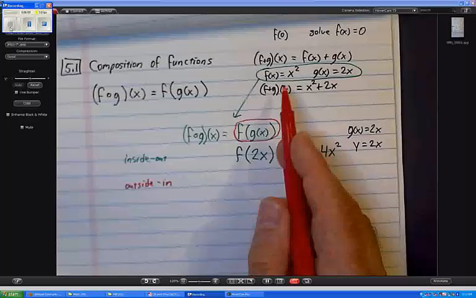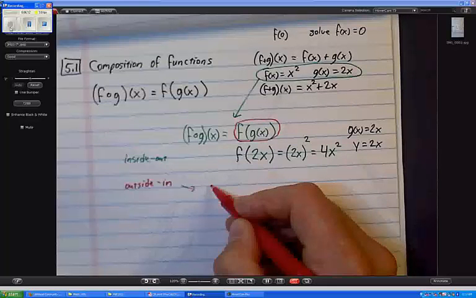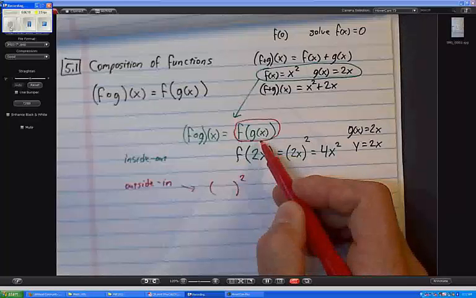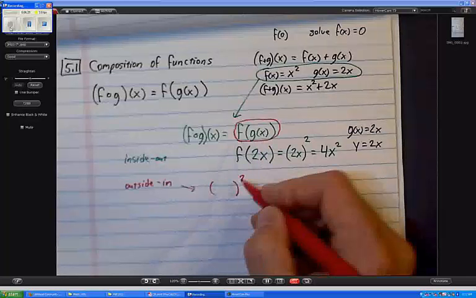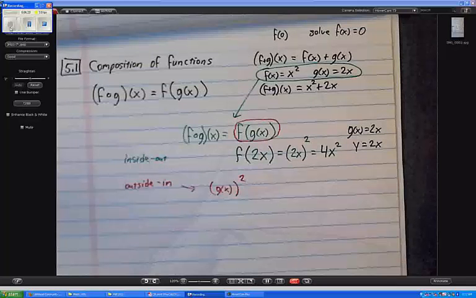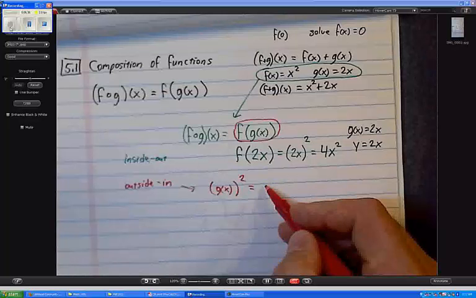So what I'm doing is I'm going to say I am squaring not x anymore, but I'm squaring what? If it says f of g of x, I am squaring g of x, whatever that is. You guys follow? Of course, what is g of x? Okay. You're going to get exactly the same thing.